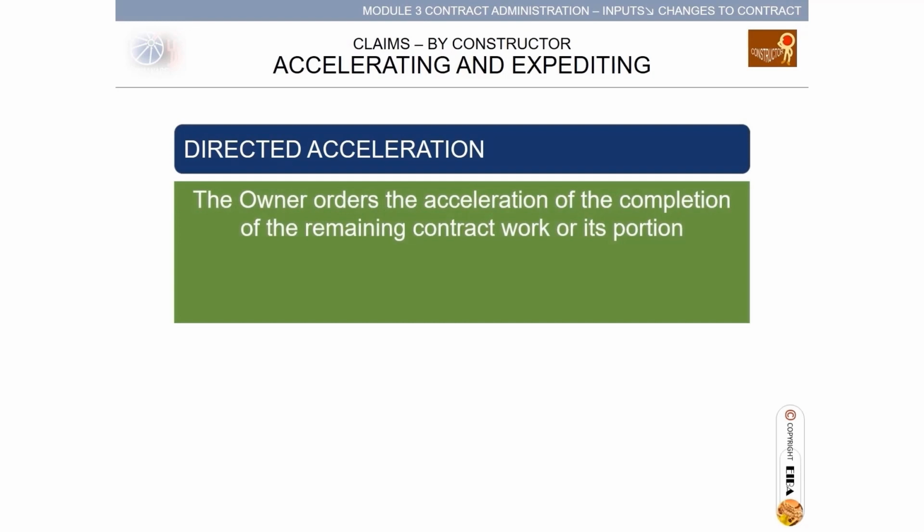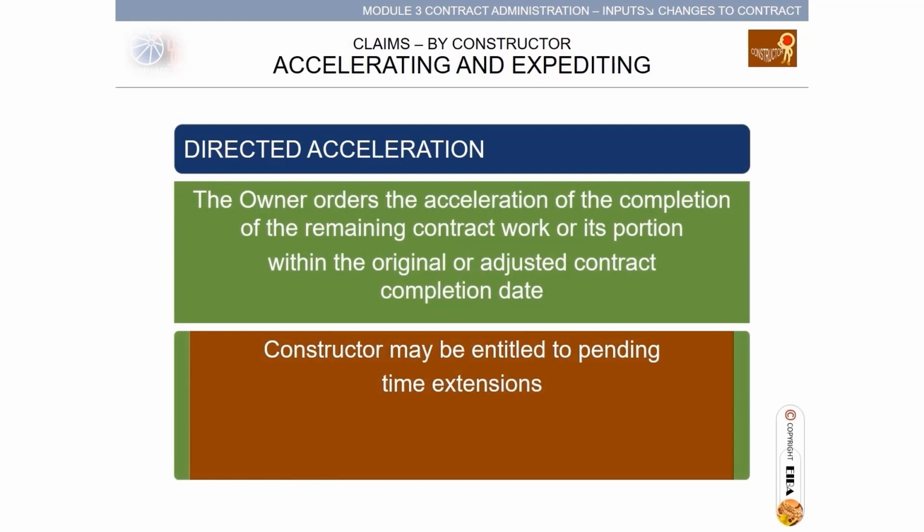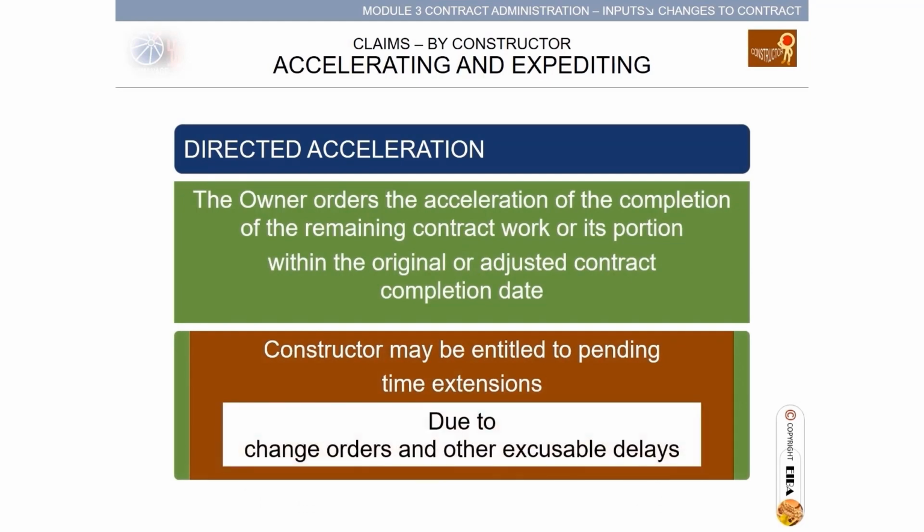Let's see directed acceleration. In directed acceleration, the owner orders the acceleration of the completion of the remaining contract work or its portion within the original or adjusted contract completion date. The constructor may be entitled to pending time extensions due to change orders and other excusable delays.